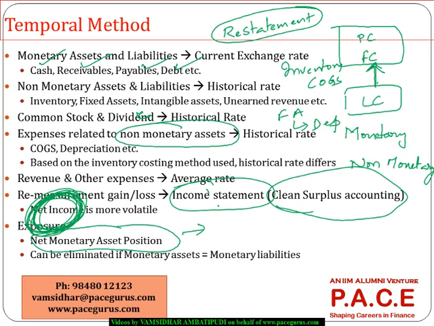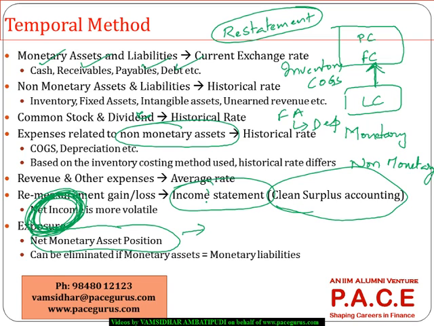So depending on whether the exchange rate is appreciating or depreciating, and on the net monetary assets and liabilities which the company is having, if it is positive or if it is negative, the exposure is accordingly decided.